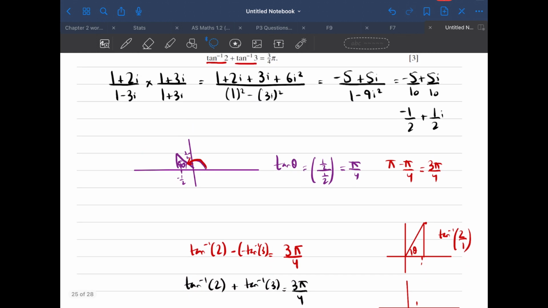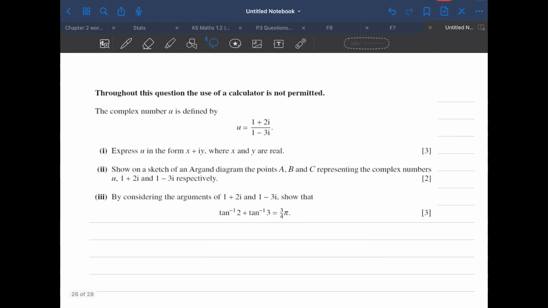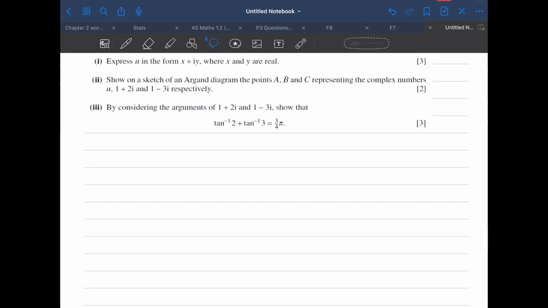So the first argument was minus half plus half iota. U was what? Minus half plus half iota. So minus 1, minus 2, minus 3, 1, 2 and 3. So minus half and half will be here. Got this? And this is my A.